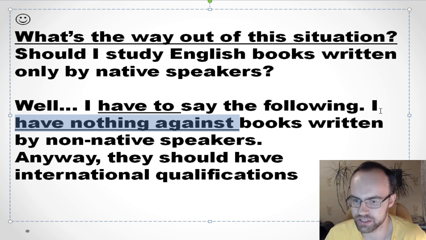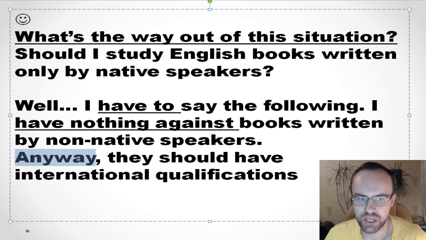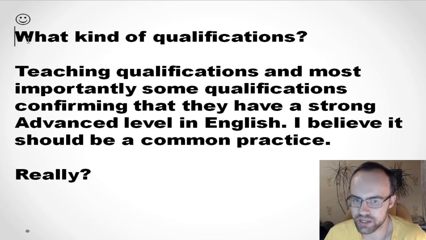It's okay, but anyway, they should have international qualifications. It's a problem, and most people don't realize it. So non-native speakers who write books on learning English should have international qualifications, okay? What kind of qualifications?